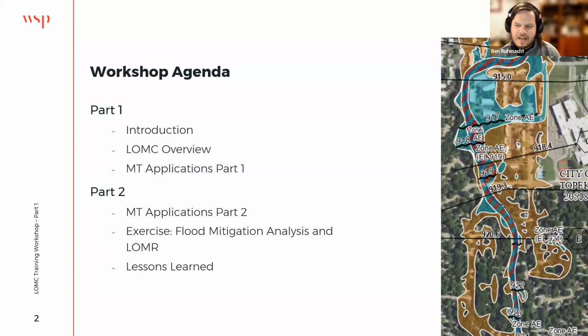And we'll walk through an example of, or kind of walk through the process of one of these applications. And I'll give you the lessons we've learned on going through these applications over the years.